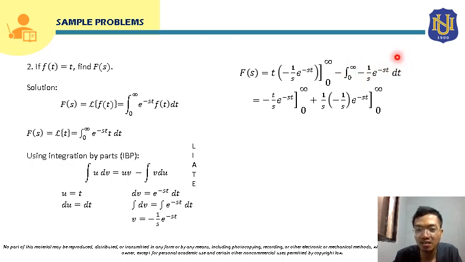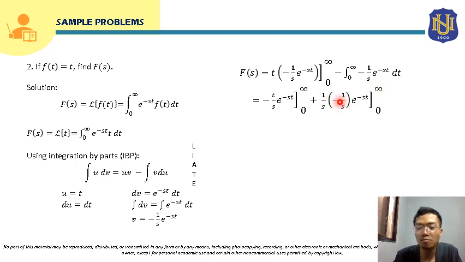Integrating that, that will just be 1 over s times the reciprocal of the coefficient of the variable t, which is negative 1 over s. So the reciprocal is negative 1 over s. We will multiply that and then e raised to negative st.